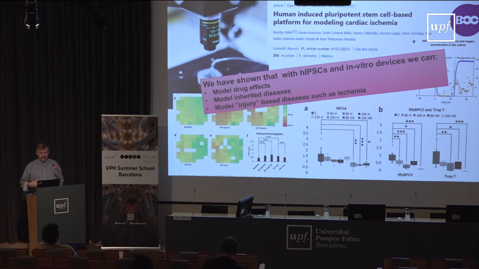So in principle, we have shown that we can have these patient cells. We can model diseases, whether the disease is an inherited disease or it's from, let's say, the environment, like ischemia. And we can have drug effects. So in a way, we have a modeling platform for many cardiac diseases in vitro.